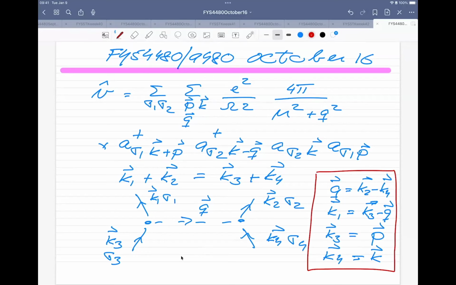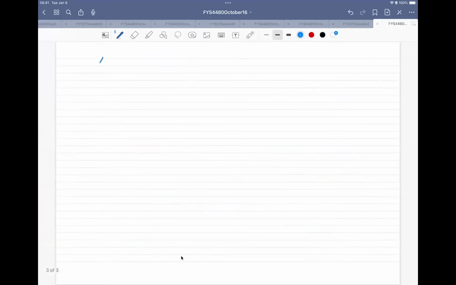And that means obviously that K2 is then equal to K minus Q, and K1 is obviously equal to P plus Q. So with these definitions, we can then also redefine K1 and K2. So let's do that. K1 becomes equal to P plus Q, and K2 is equal to K minus Q here.